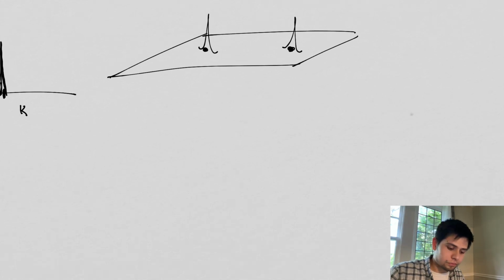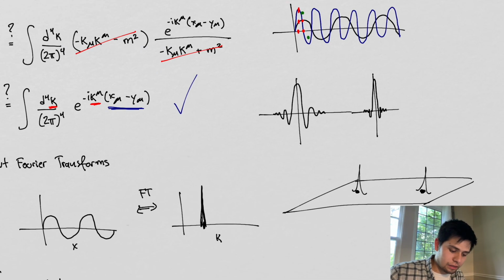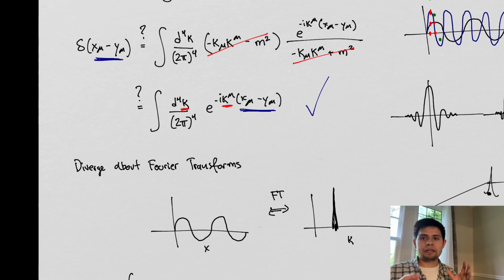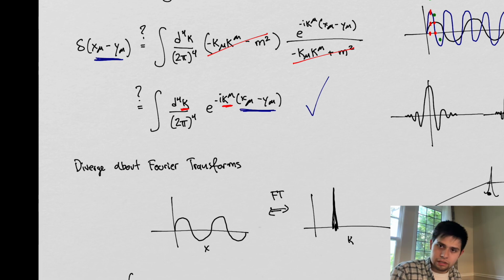Okay, and that's what these are, right? And we're going to be seeing that this is the same thing for the Dirac field. This is the same thing for the Proca field.